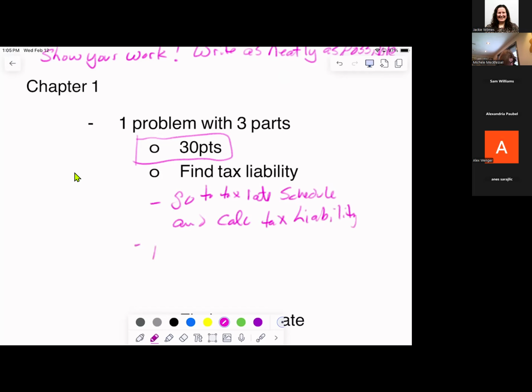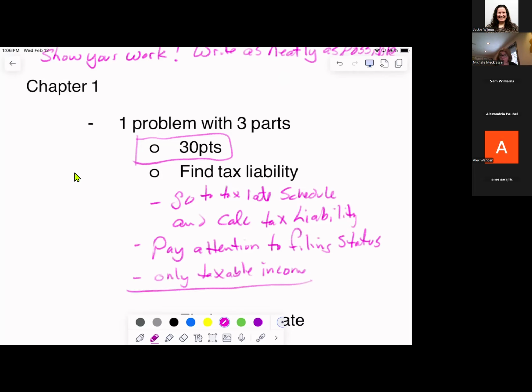Remember, pay attention to filing status. And remember to only calculate their tax liability on their taxable income, right? So if you're given municipal bond interest, remember municipal bond interest is not taxable. So you don't have to put that in your calculation when you're calculating tax liability.